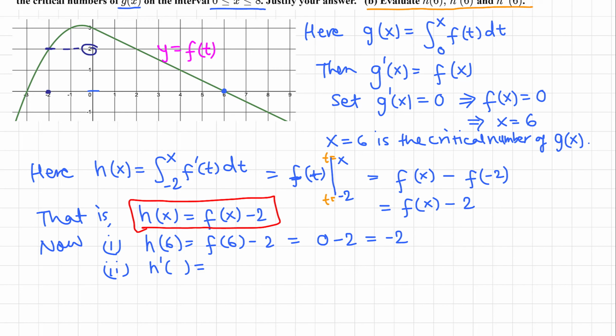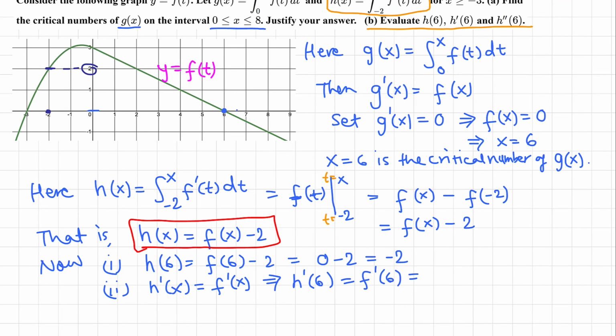The derivative of f minus the derivative of 2, which is 0, so h prime is in fact just f prime. That means h prime at 6 is f prime at 6, the derivative of the function at x value 6.